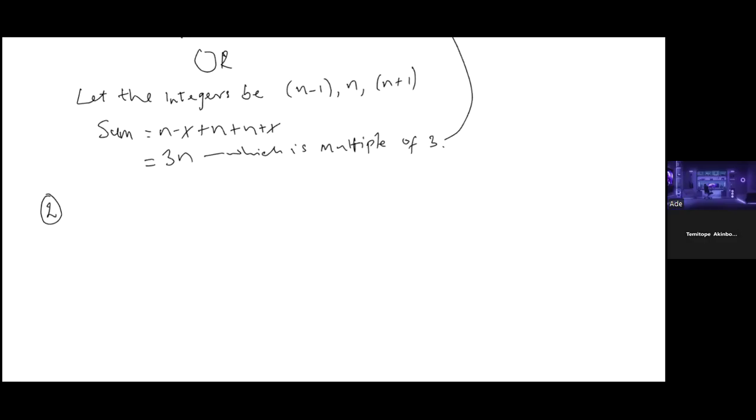This one says prove that the sum of two consecutive square numbers is always odd.